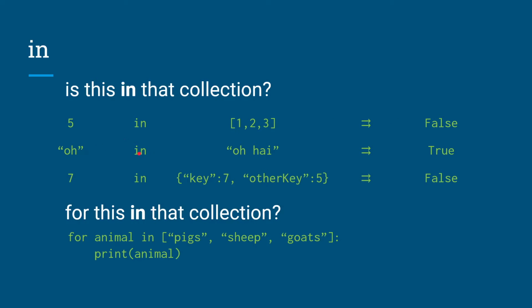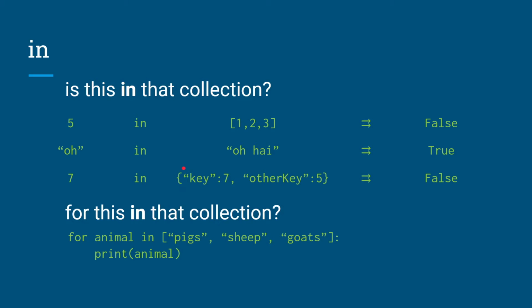Is o in the string "oh hi"? Yes, that's true. Now that's great because those things behave in a way that we can do in checks on. We can't do this with, say, is 7 in this dictionary, because in is operating on the keys, not on the values. So we'll have to do things a little bit differently there.